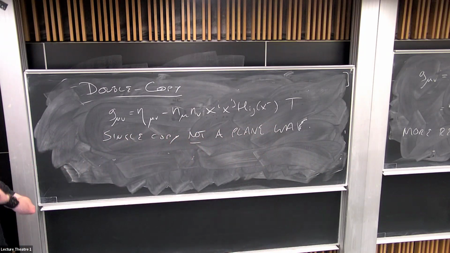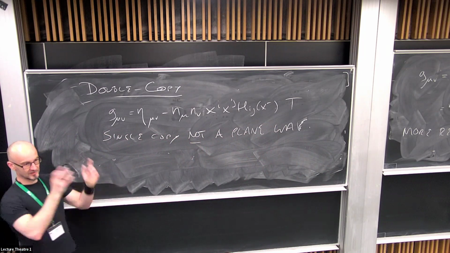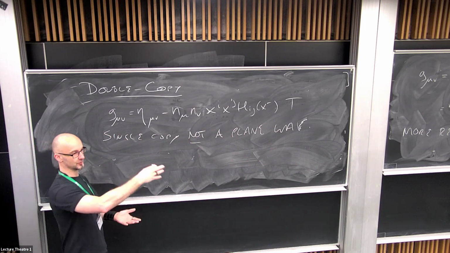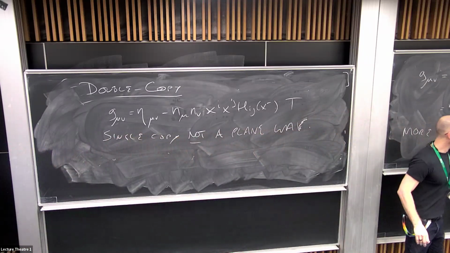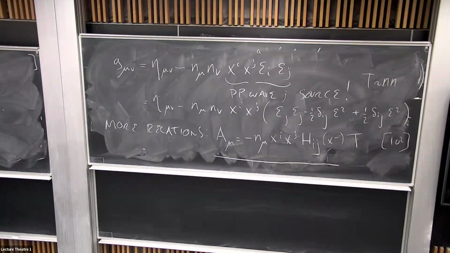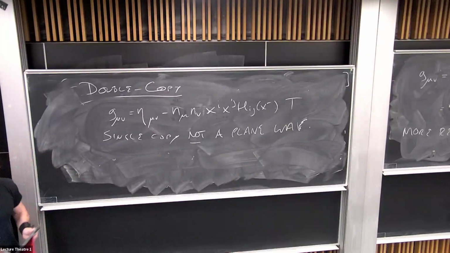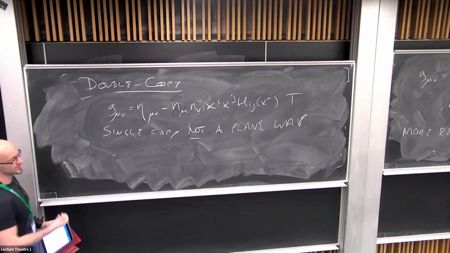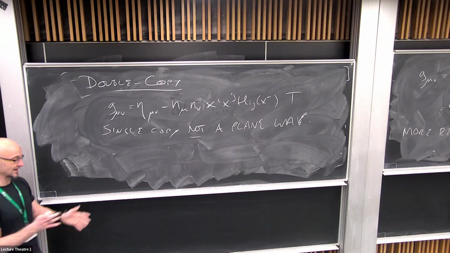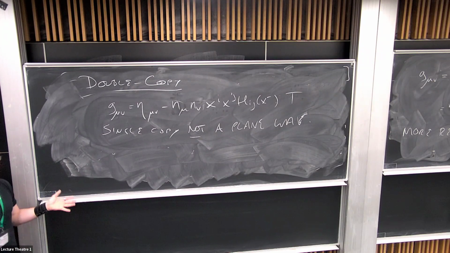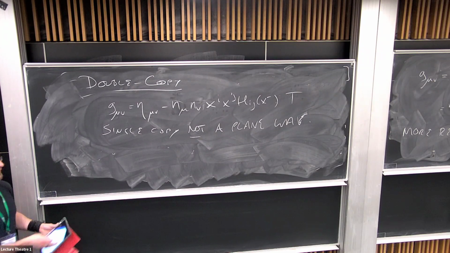Okay. There's some kind of web of connections here where you go from plane waves to PP waves, or you go from plane waves to these things, vortices, in gauge theory. And it's all a bit unsatisfying because you kind of want plane waves to double copy to plane waves, right? They have exactly the same set of symmetry. They have exactly the same functional degrees of freedom. You want them to double copy.